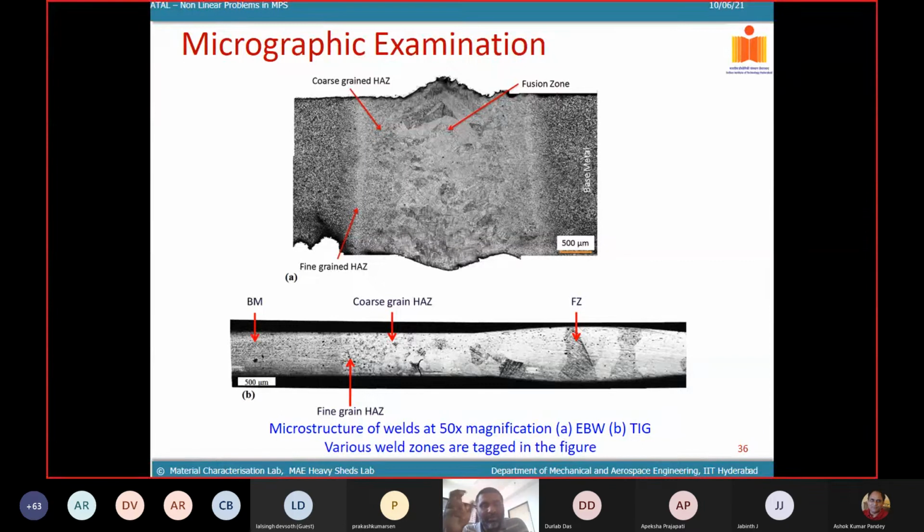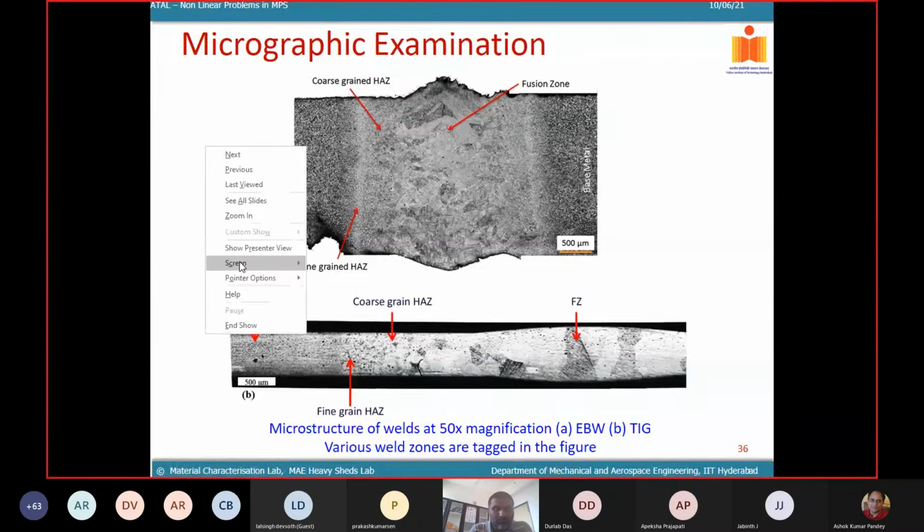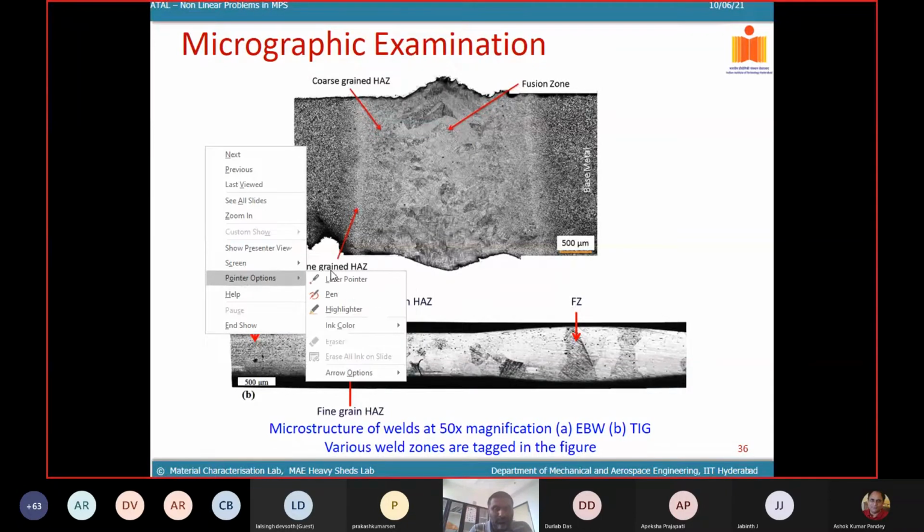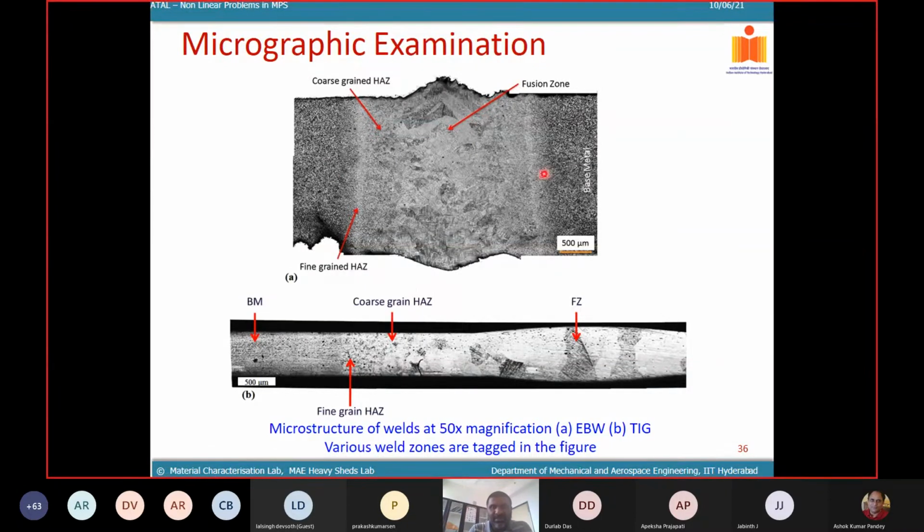Your grains would grow to a bigger size, and then away from the weld pool, if you go towards the parent metal, you will have a fine-grained HAZ. This is how your grain sizes vary, and this is the base metal, both on the left and the right. You can see the grain sizes are very small.